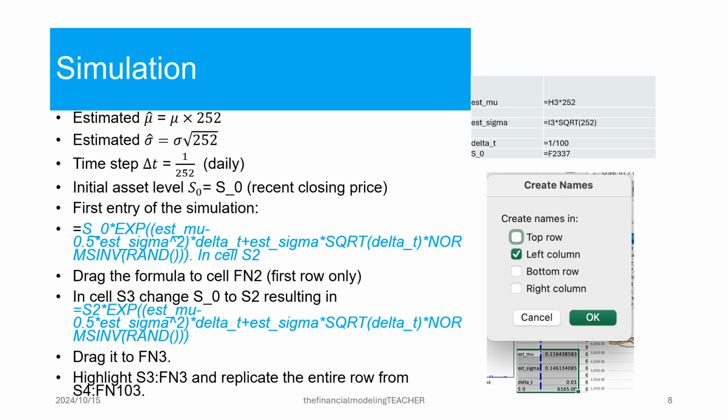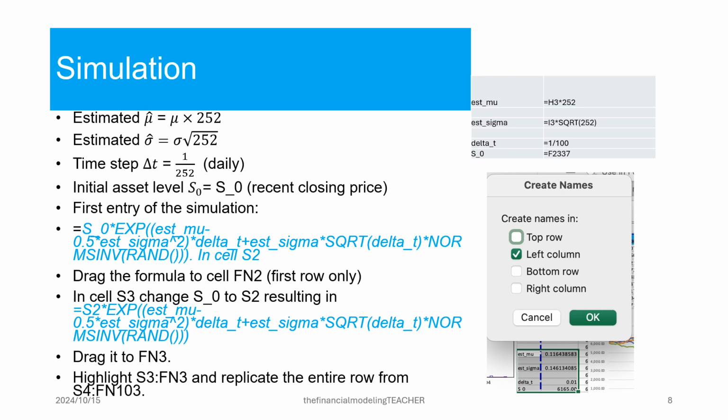So now the first row determines the second row, in the sense that the first row was based on the last entry F2337, which is the initial S0 in our model, the initial estimated asset price from which we want to simulate.